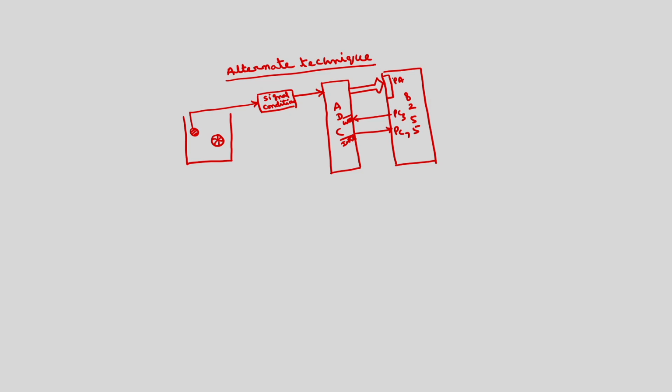Now, what I will do is, I will connect this another port, say port B. This I will connect to D to A converter. This output through resistance, it will convert into the voltage.